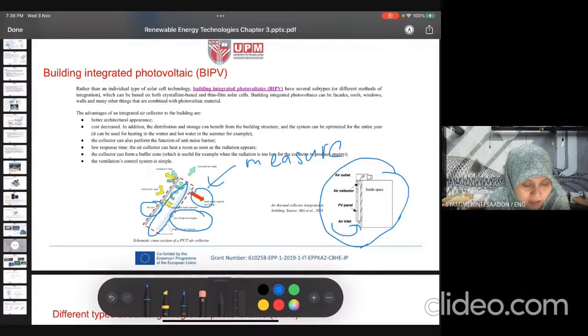We assume that, like just now, the less dense, warmer air fluid goes up to the top level of the air collector, and the colder, lower temperature fluid will be at the bottom. The higher temperature, warmer air will enter the space inside the building that we want to heat or warm.